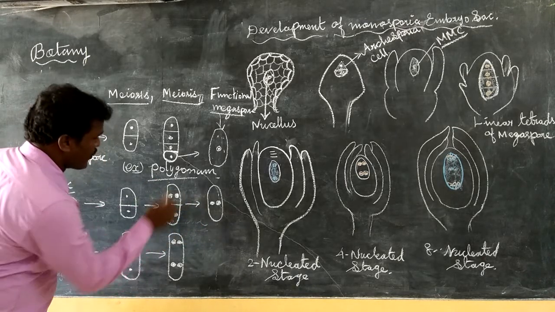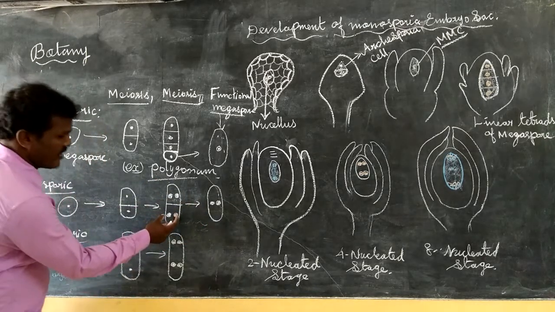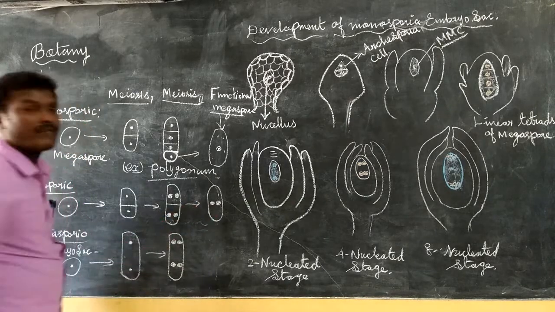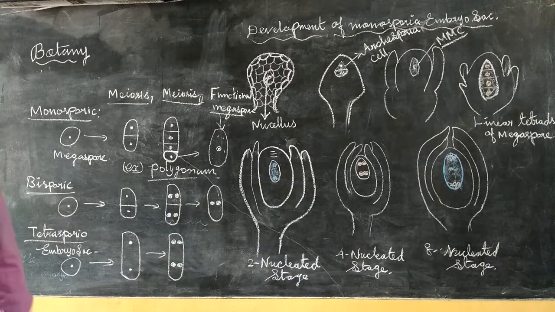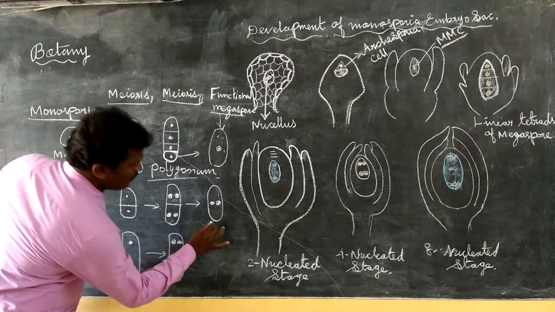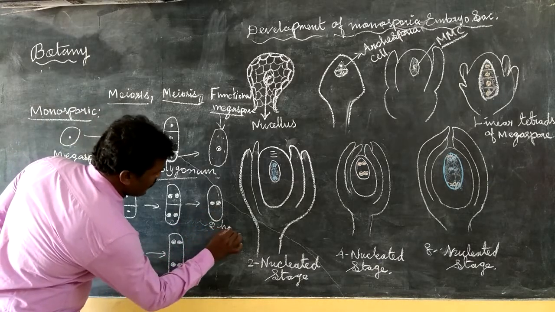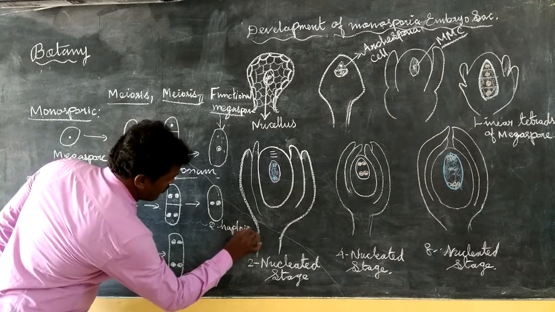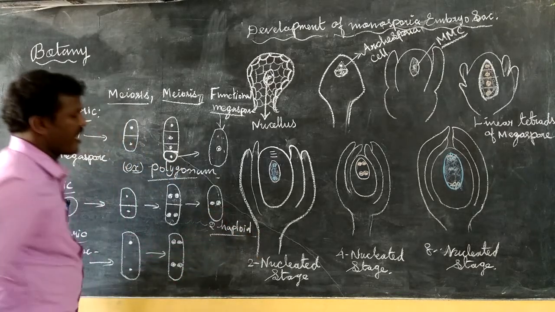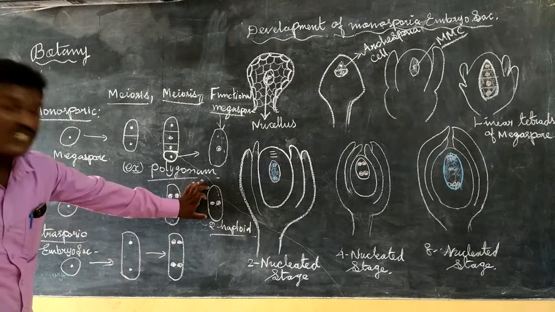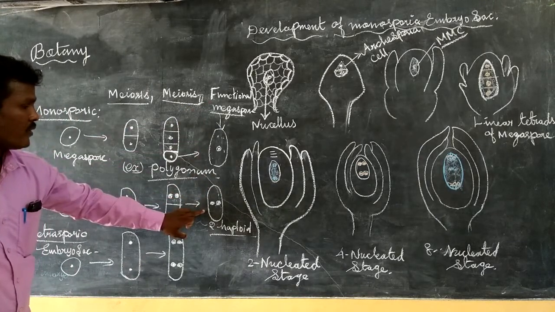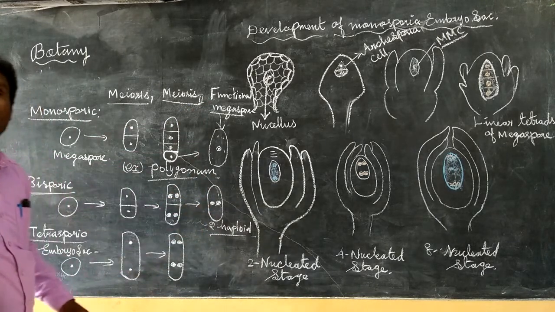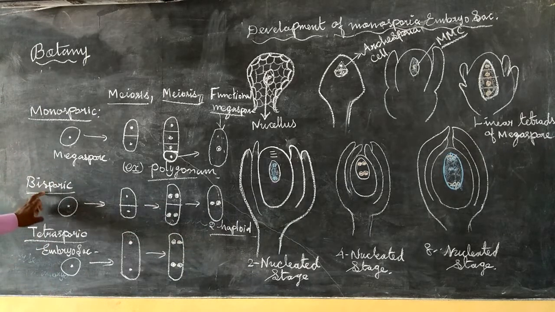Out of these 4 megaspores, only 2 are involved in the function. They act as a functional megaspore. Therefore, it is called bisporic embryo sac, where you have 2 haploid nuclei acting as a functional megaspore.